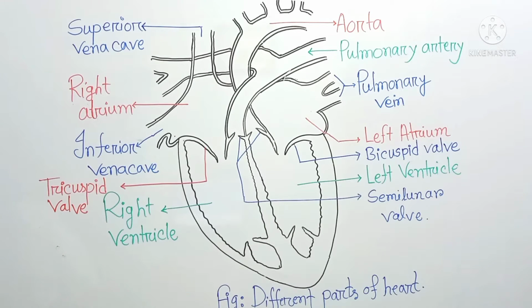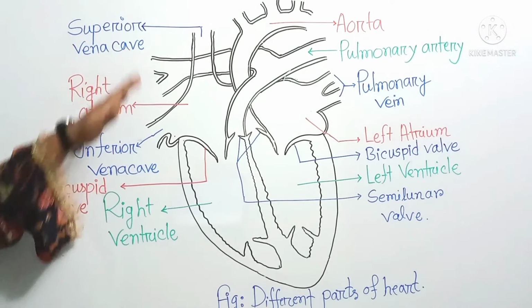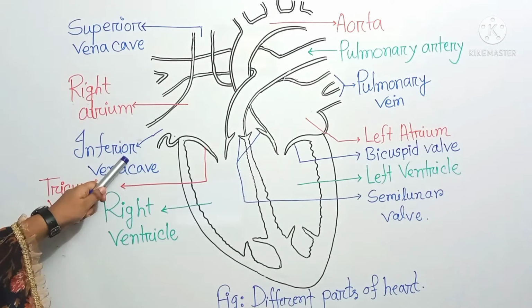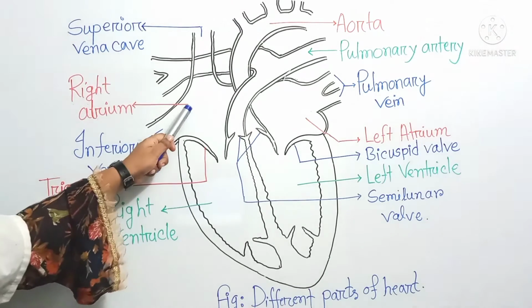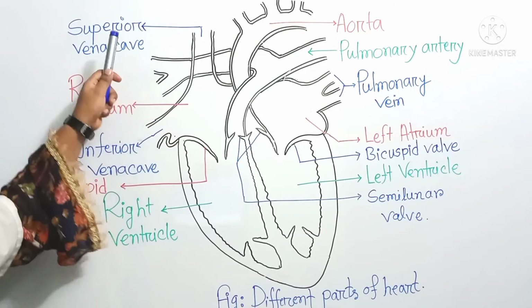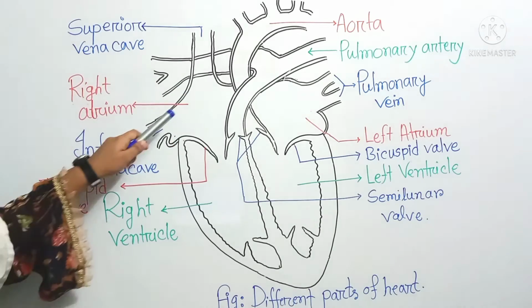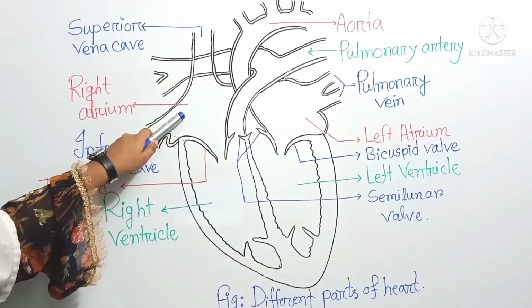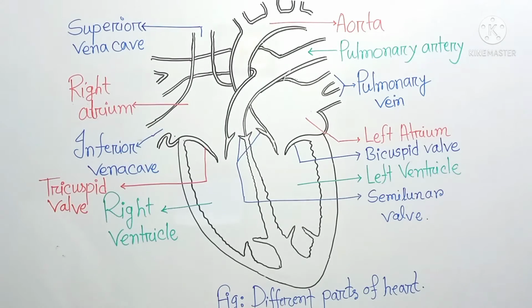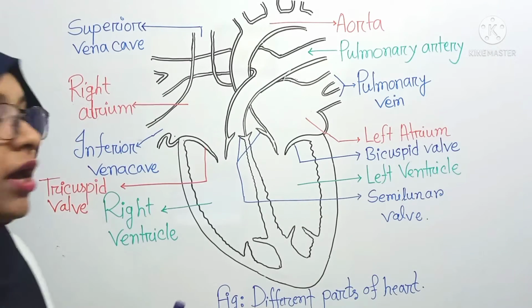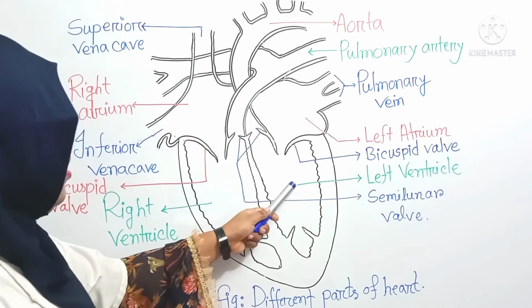Okay, there are the superior vena cava and inferior vena cava, which are connected with the right atrium. There are four pulmonary veins with the left atrium.